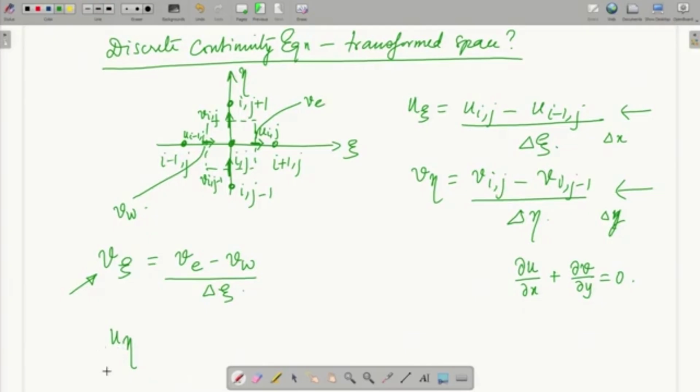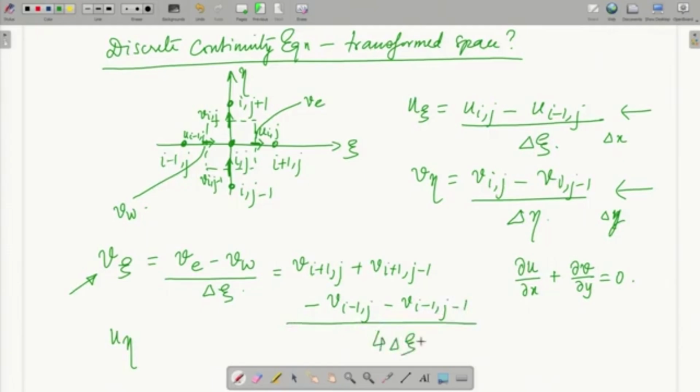So, when it is V xi, for example, how do we go about doing it? We will get an expression of this kind. I leave it as a small homework problem for you to figure out how we are doing this.